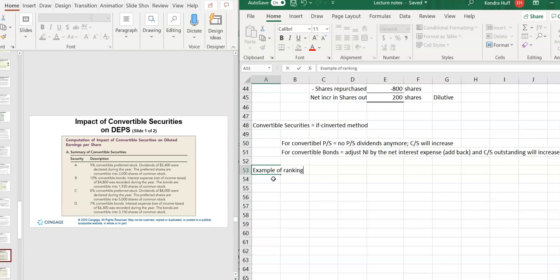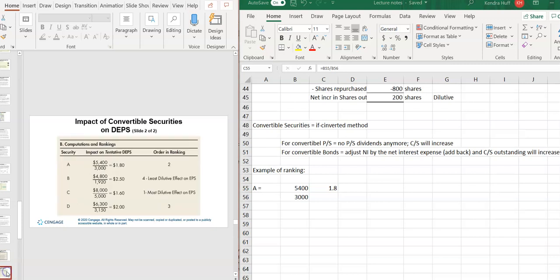This is an example of ranking. All right, so for A, your effect is going to be, you're going to add back the $5,400 of dividends declared divided by the 3,000 shares. And it's going to have an impact of $1.80. Okay.